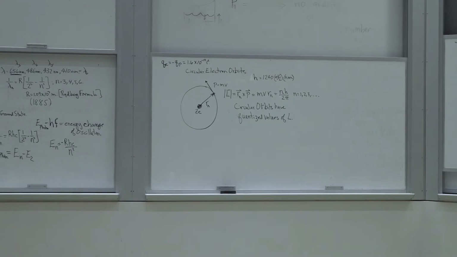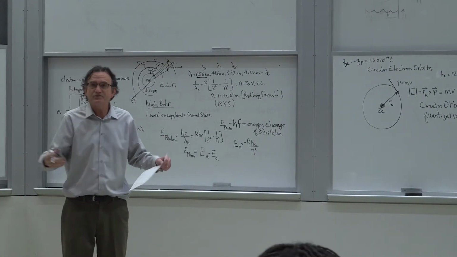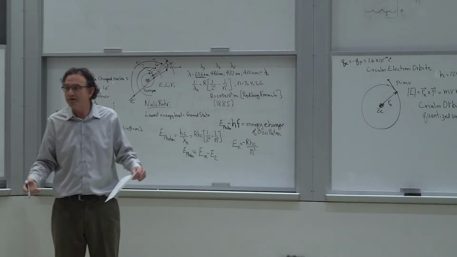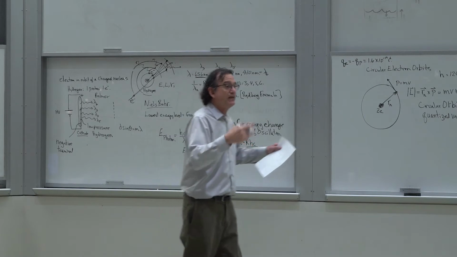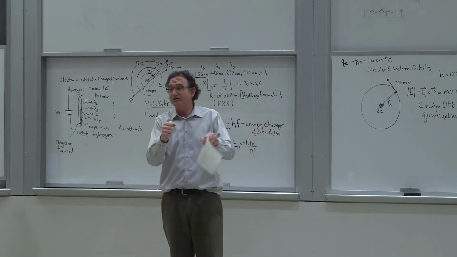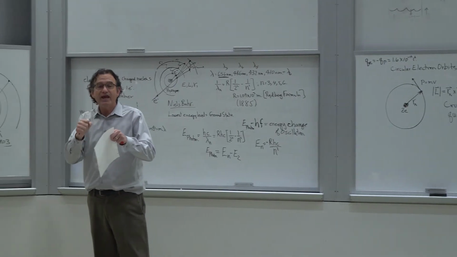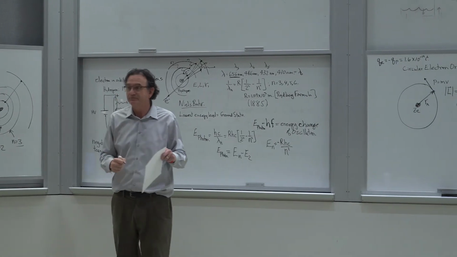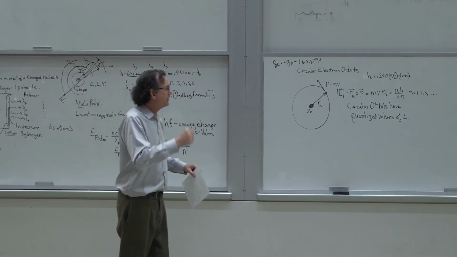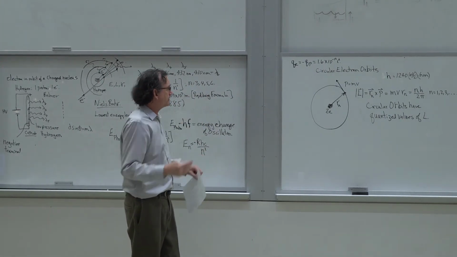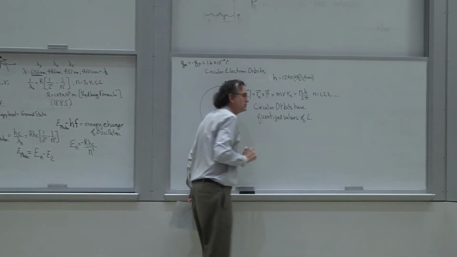All right. So that is Bohr's quantum hypothesis. Just like Planck had his quantum hypothesis, that the energy levels of an oscillator are quantized in multiples of h times its frequency, Bohr used a similar idea, but saying that the angular momentum is quantized.